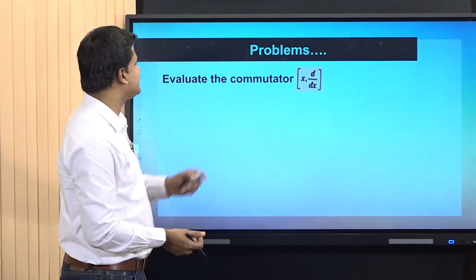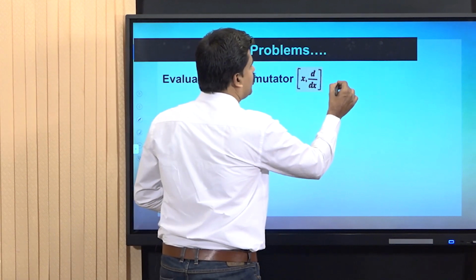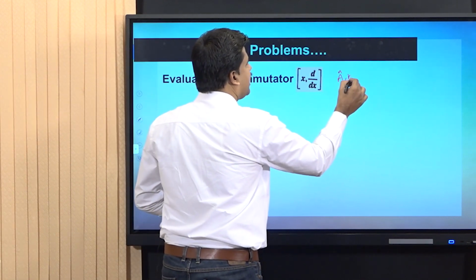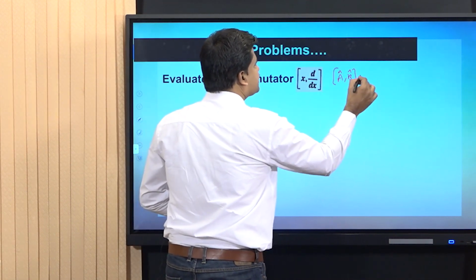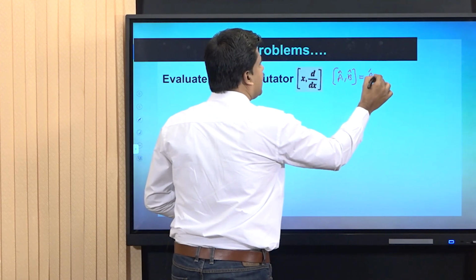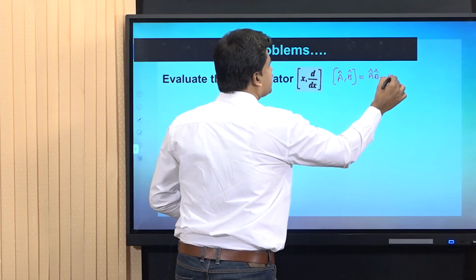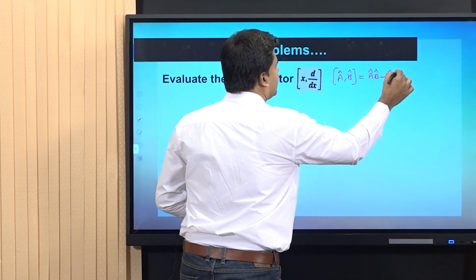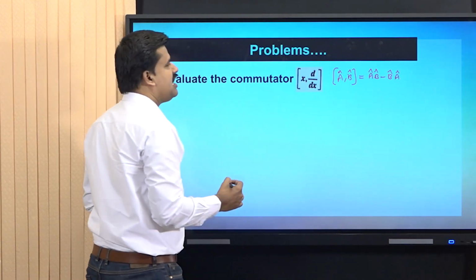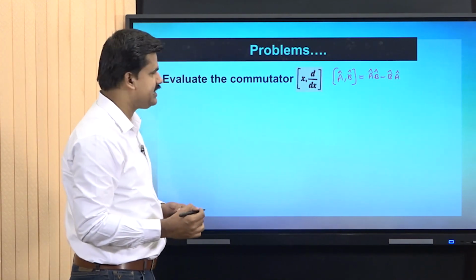We can proceed in the same fashion. We know the commutator a hat, b hat is equal to a hat b hat minus b hat a hat. Here a hat is x and b hat is d by dx.